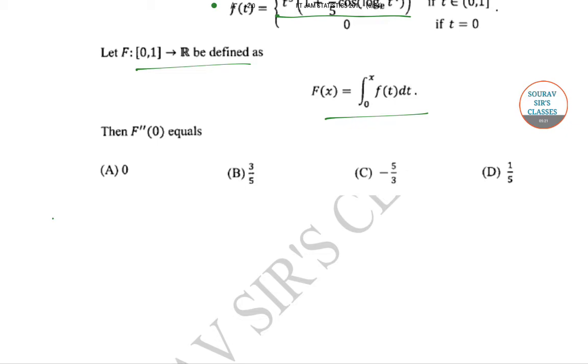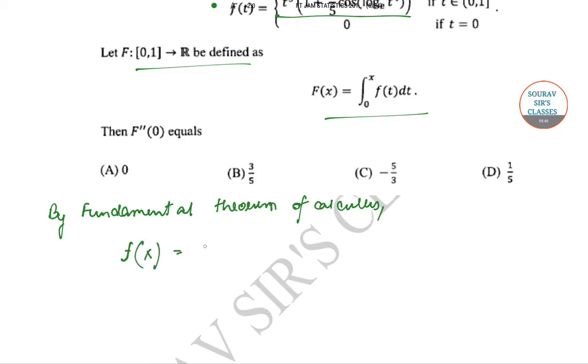Now, by an application of the fundamental theorem of calculus, we get that F prime of x is equal to f(x) minus f(0), and small f of 0 is equal to 0.